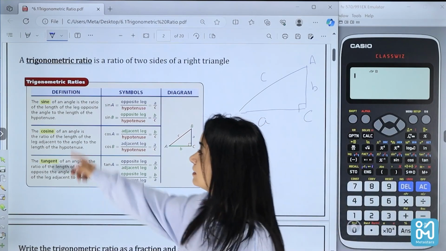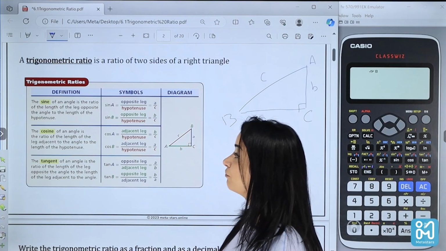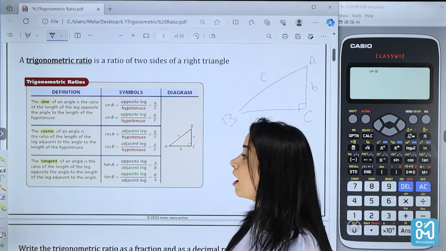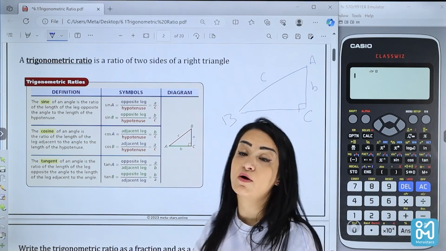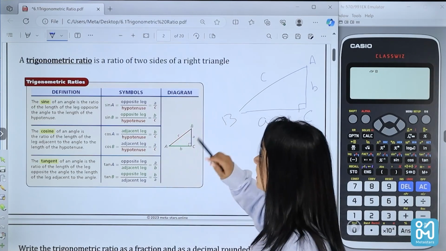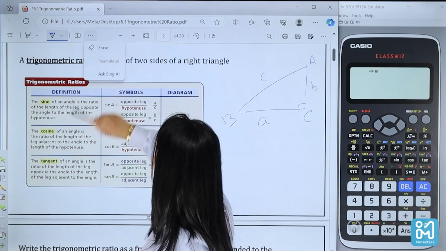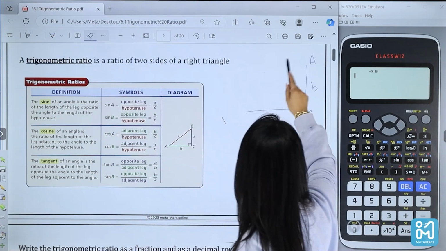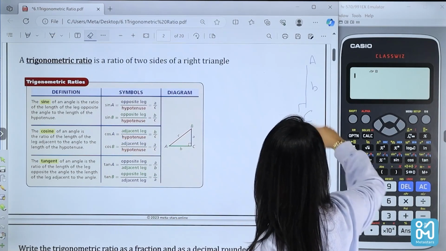So always, the sine of an angle is a ratio of the length of the leg opposite the angle to the length of the hypotenuse. Let's erase this one and concentrate on that one.